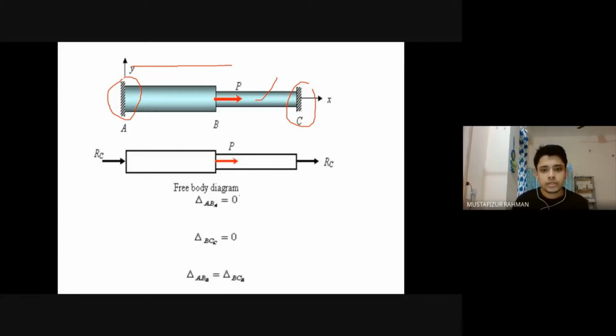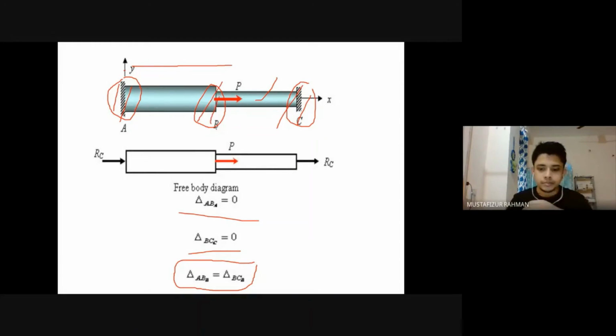So delta AB at A, we are saying the deflection of the AB member at point A is 0 because it is fixed. The deflection of the BC member at C is equal to 0 because it is fixed. Therefore, the deflection of the member AB at point B has to be exactly equal to that of the portion BC at point B. So that is called the compatibility condition.